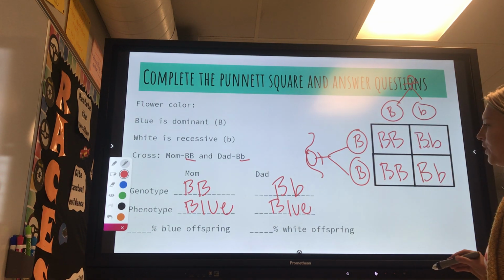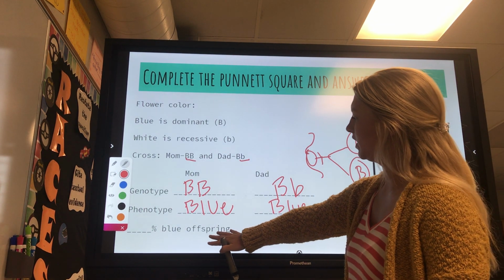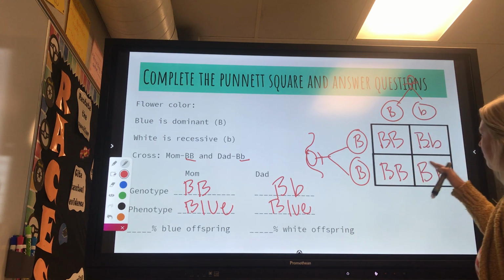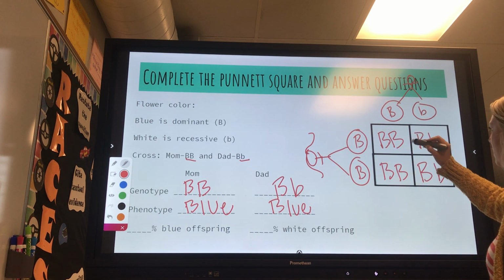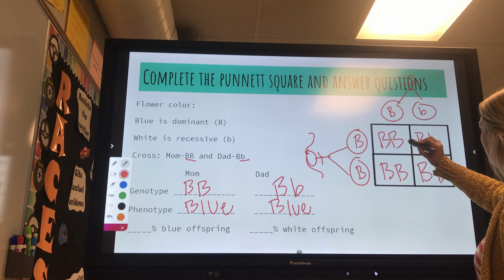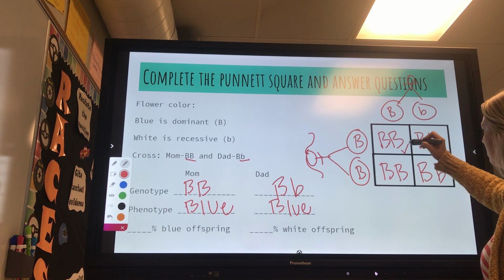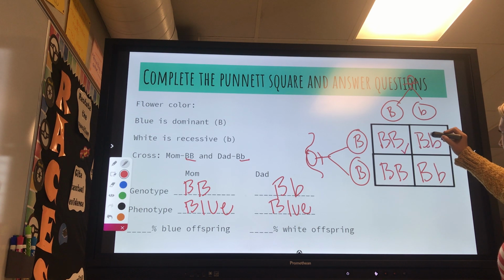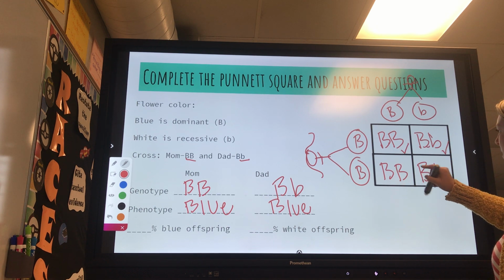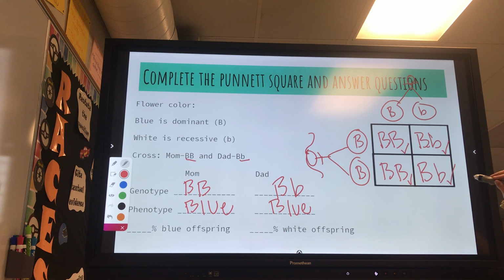Okay, we want to know what percent of the offspring we have are going to be blue. Okay, so we have a big B here, that's going to end up blue. Big B, little b, remember that big's going to trump that little, so it's going to be blue. Big B, that's going to be blue. Big's going to trump the little, so that's going to be blue.